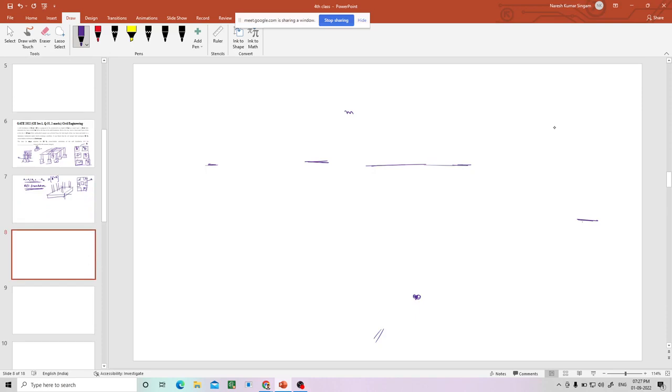So I'll draw in a new slide. So this is ground level. They are saying that at a depth of 8 meter, the foundation is constructed.